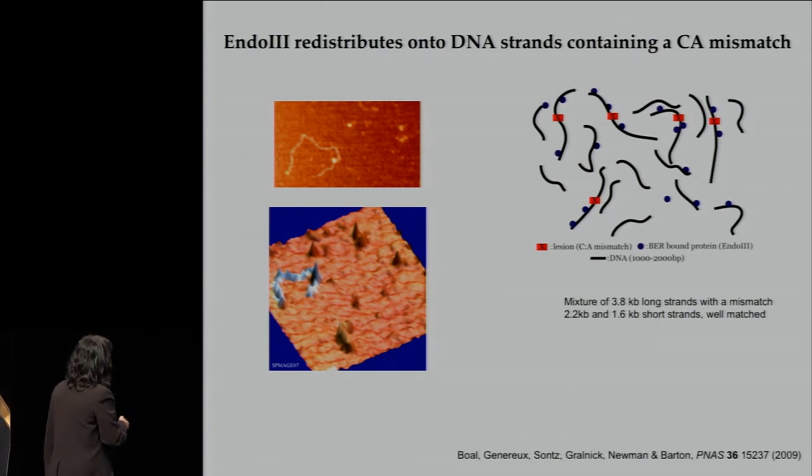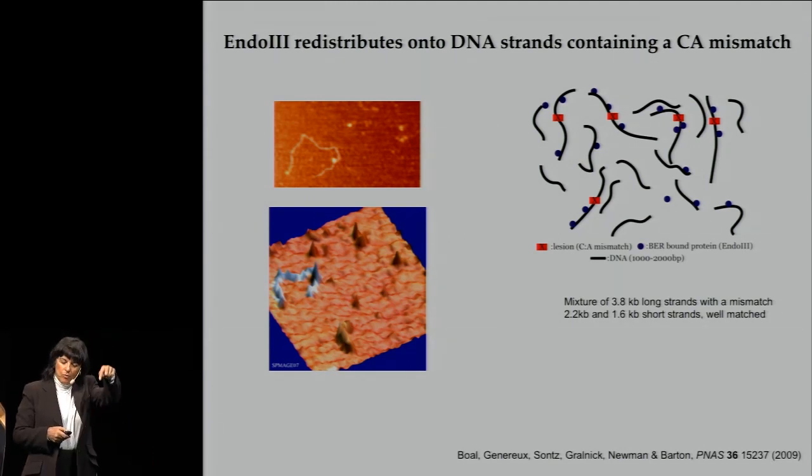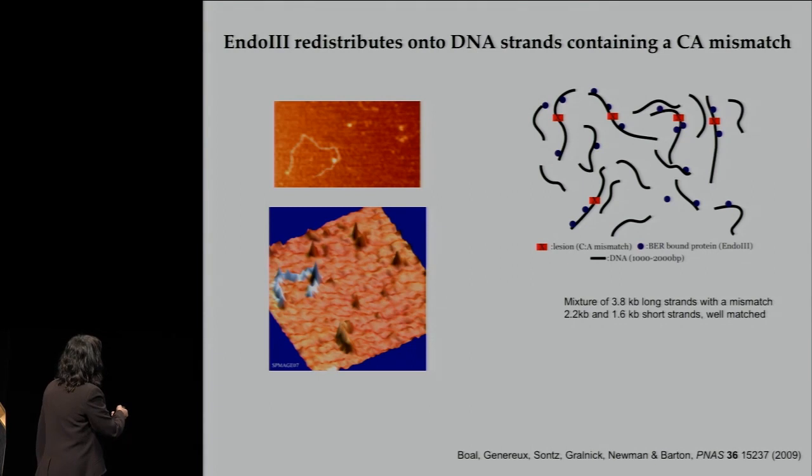And then she used atomic force microscopy, where you just tap on the surface where the DNA is, and you can have these beautiful pictures of the DNA, and you can even see where the proteins are. And here's another image. Here's the DNA, and here's a protein bound to it.